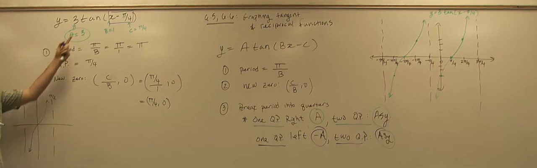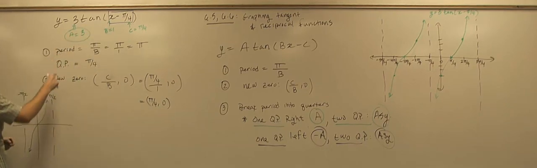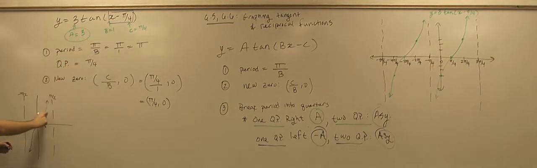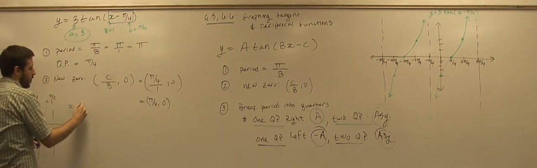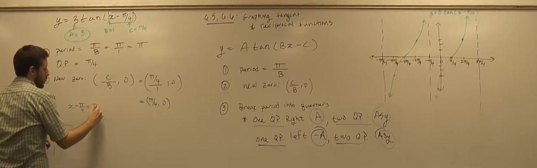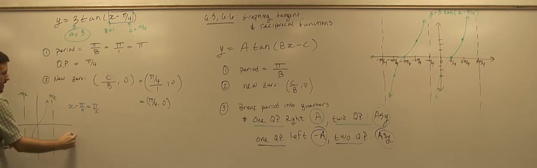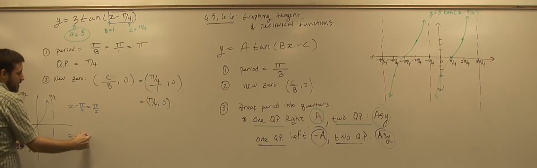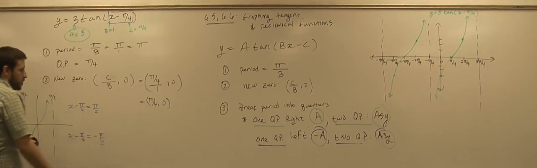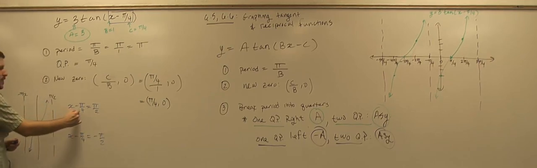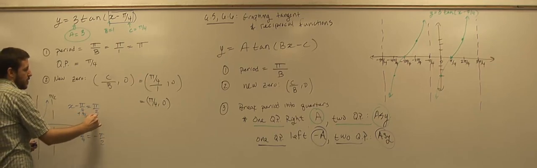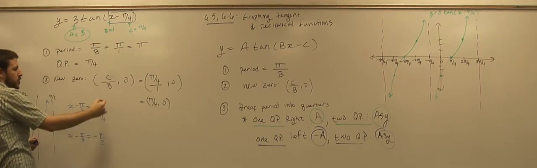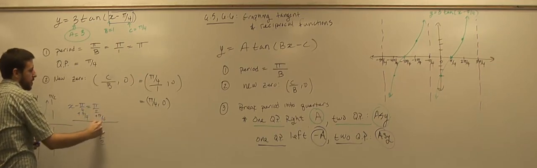So if you want to know the asymptotes directly from this equation, you would take this guy and set it equal to pi over 2. So you could solve x minus pi over 4 equals pi over 2, and x minus pi over 4 equals negative pi over 2. So you'd add this over. Pi over 2 plus pi over 4 is 3 pi over 4.